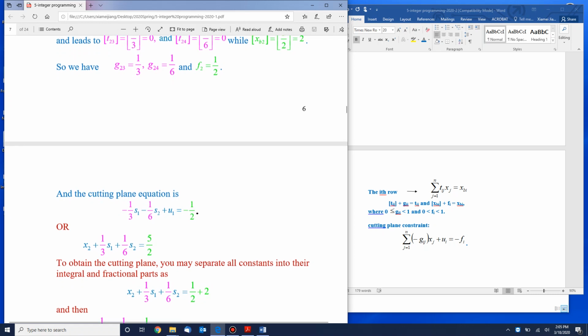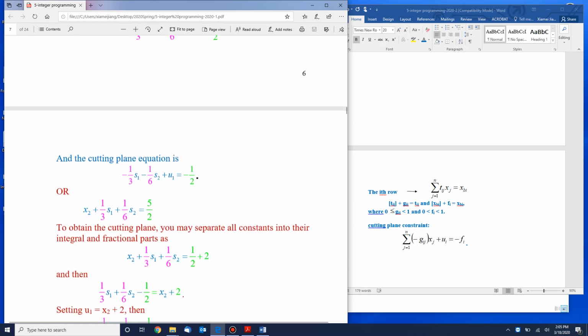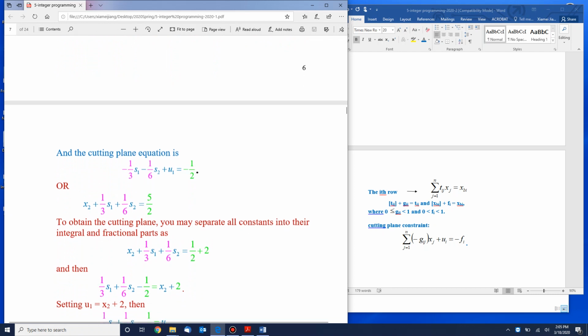What we do next is move all the terms with fractional parts to the left side of the equation and move all the integer parts to the right side. That gives us 1/3 s1 plus 1/6 s2 minus 1/2 equals x2 plus 2.